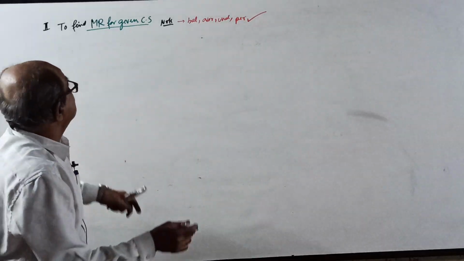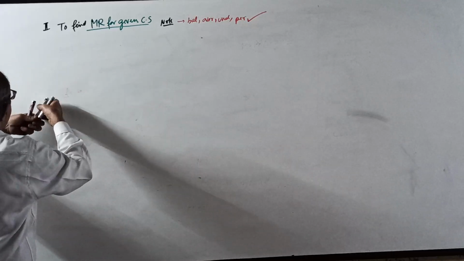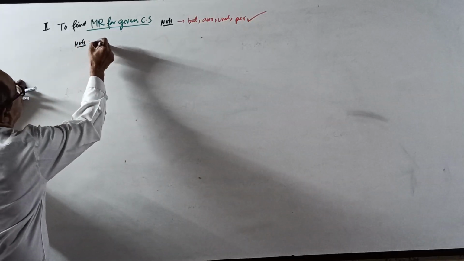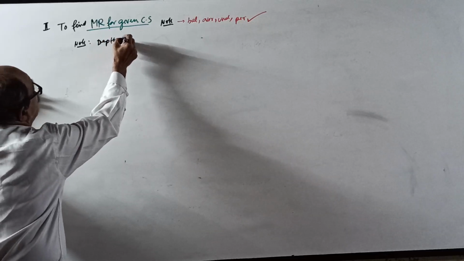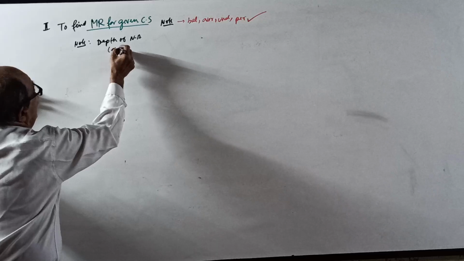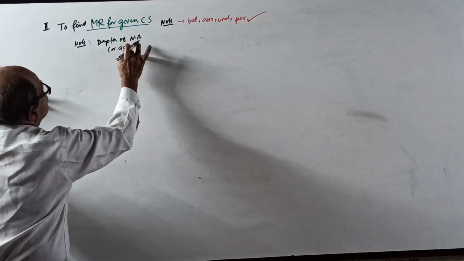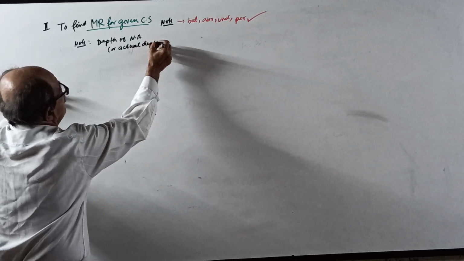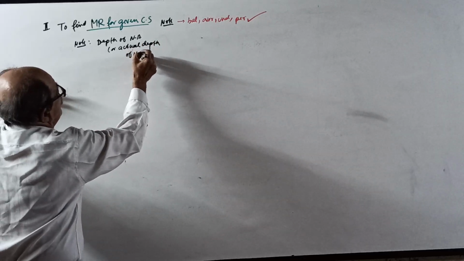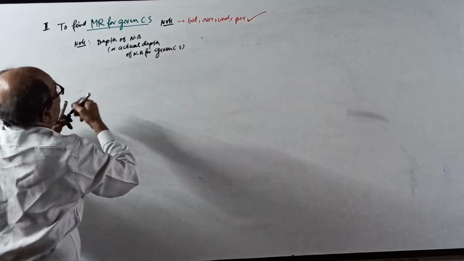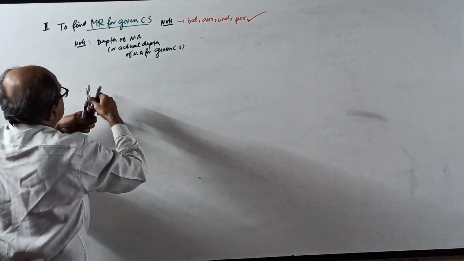Okay, now first note the depth of neutral axis, or we can say the actual depth of neutral axis for the given cross section, that is x.